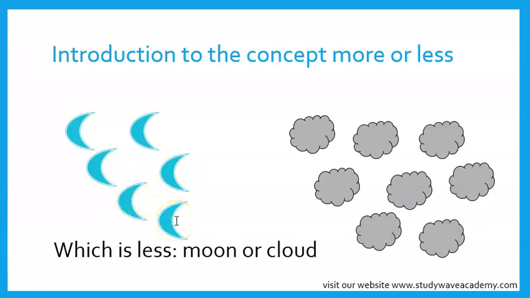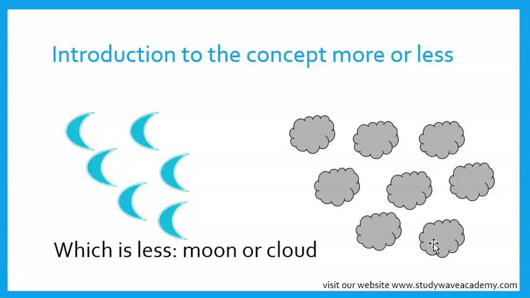We have 6 moons. Now let's count the clouds. 1, 2, 3, 4, 5, 6, 7, 8. We have 8 clouds. So which is less? The moon has 6 and the cloud has 8. So which is less? The moon, right?